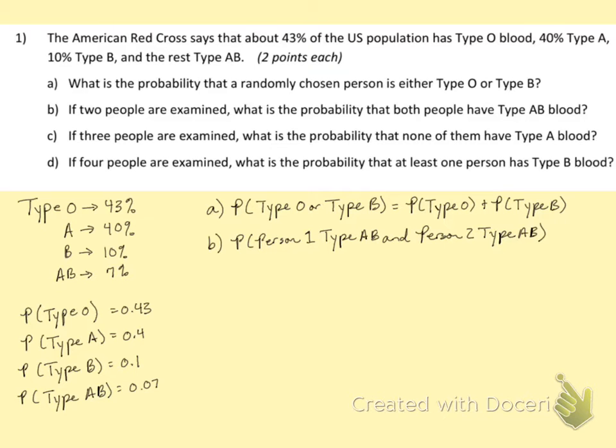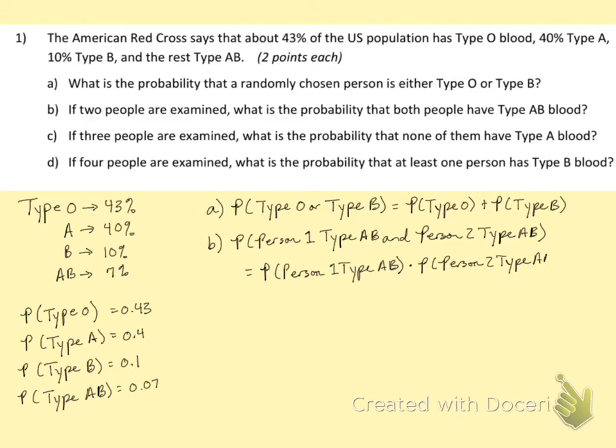And since we're randomly choosing these people, this would mean that they are independent, and this should equal the probability that person 1 is type AB times person 2 is type AB.